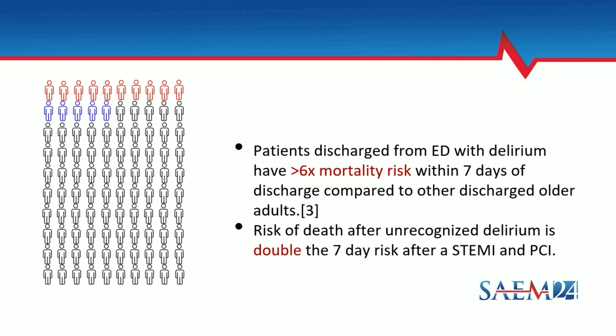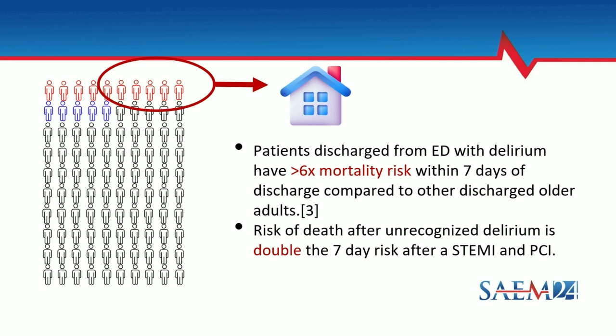A study found that if these patients are discharged, which they found that 20% of these patients are, they have a 6 times higher mortality rate than older adults discharged from the ED that do not have delirium. And to contextualize that a little bit more, that's double the risk of mortality that patients presenting with a STEMI and treated with a primary PCI have. So it's very important we see increased length of stay and increased mortality for our delirium ED patients.